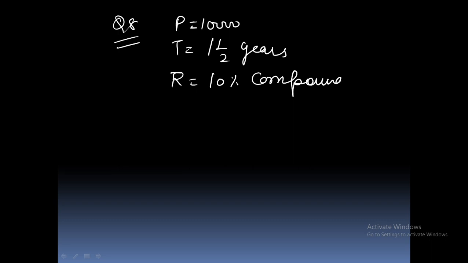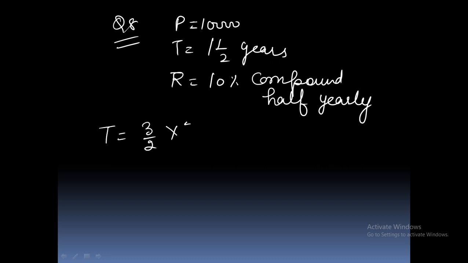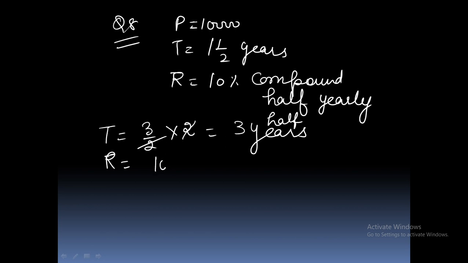Compounded half yearly. So you have to convert the time like this. By multiplying by 2, you get time 3 half-years, and the rate of interest is also multiplied by 1/2.